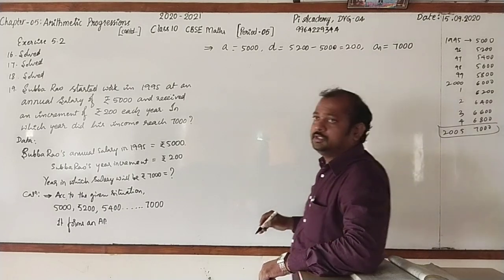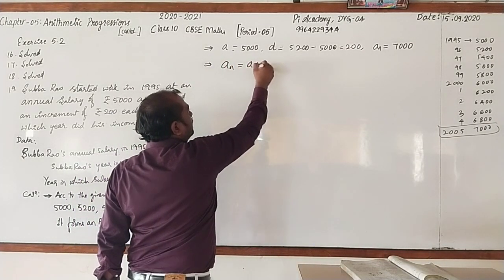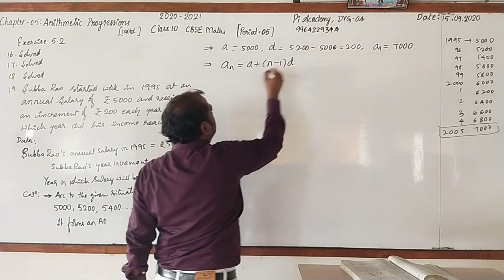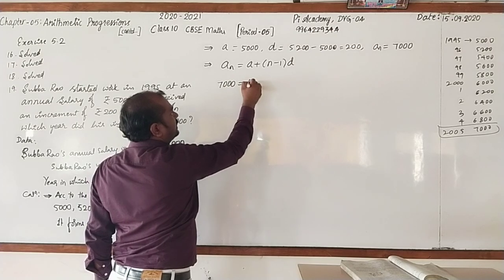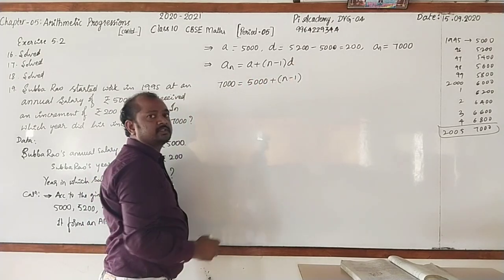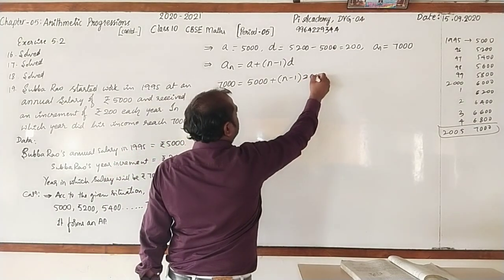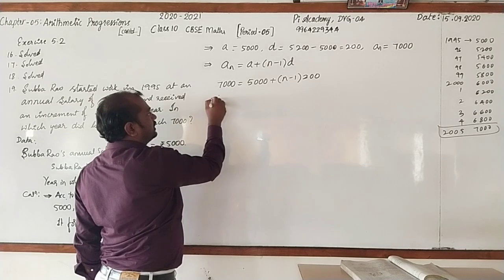Let us find out n. What is the formula? a_n equals a plus (n minus 1) into d. a_n is 7,000. a is 5,000 plus (n minus 1) into, what is the common difference? It is 200. Then transfer that to the left hand side.